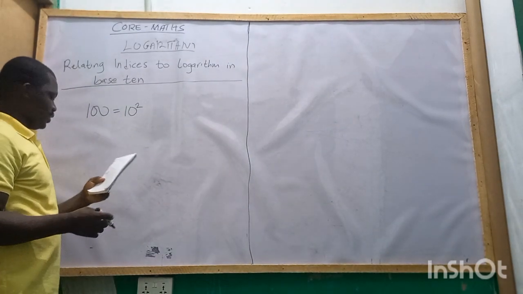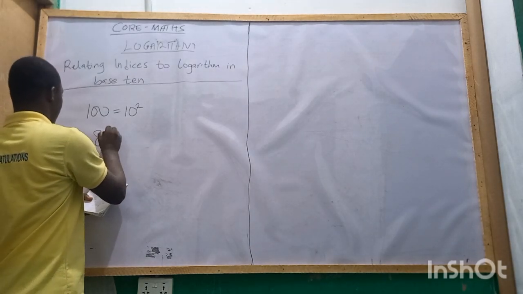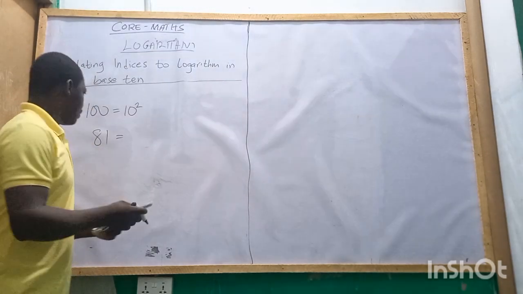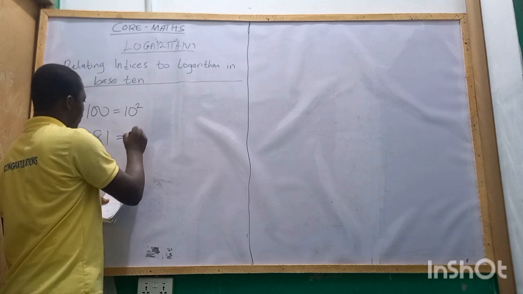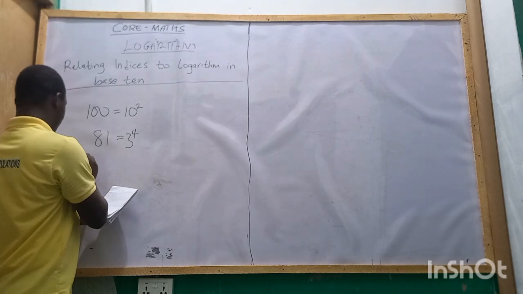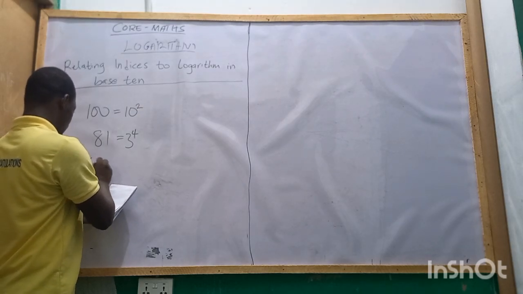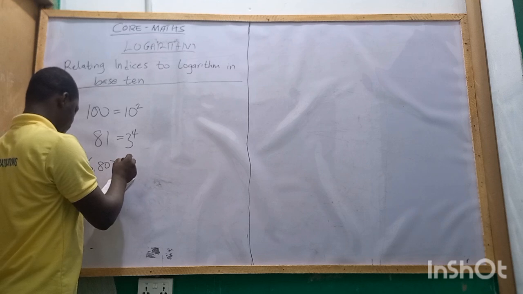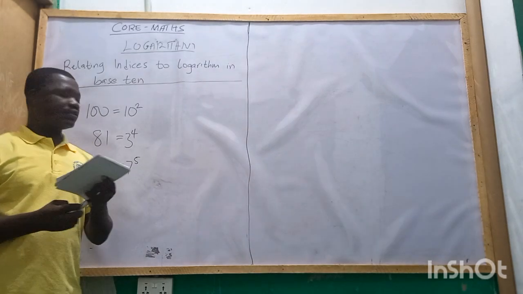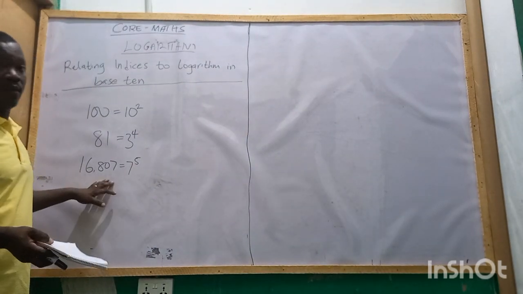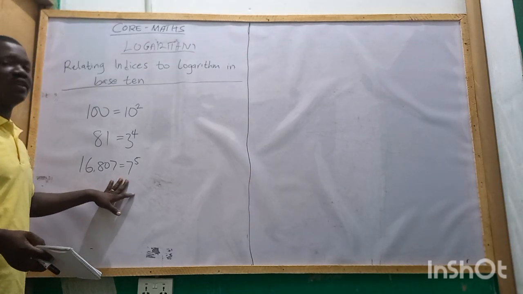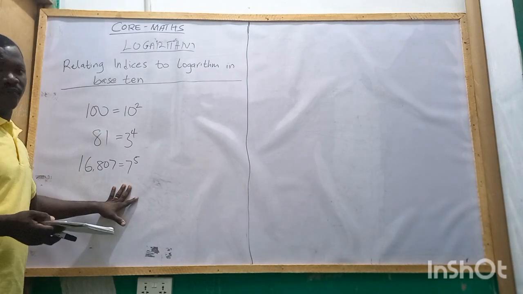If I have 81 and I want to express it in indices form, it will be 3 exponent 4. Then we have 16,807, and if I want to express it in indices form, it will be 7 exponent 5.